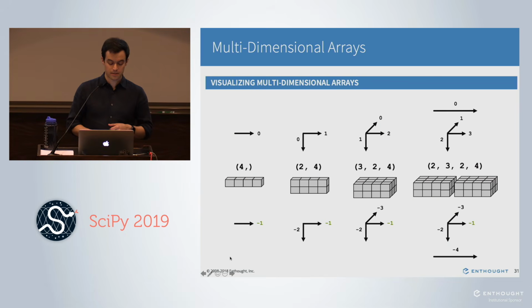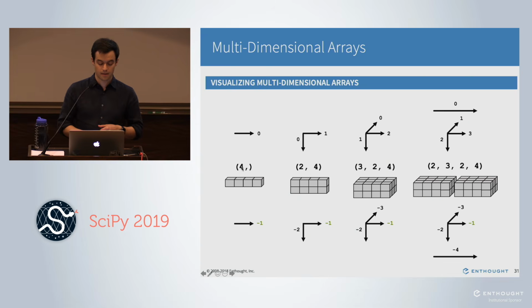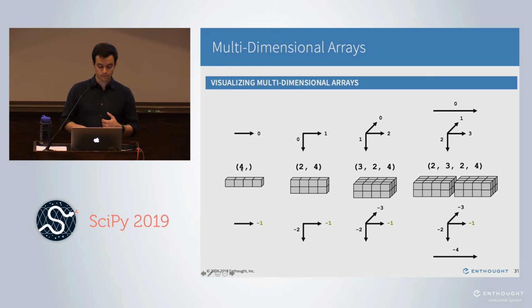The other thing that we see in this slide is just above each of the arrays is a tuple that represents the shape. So our first array here is a 4 comma. So it has 4 elements.